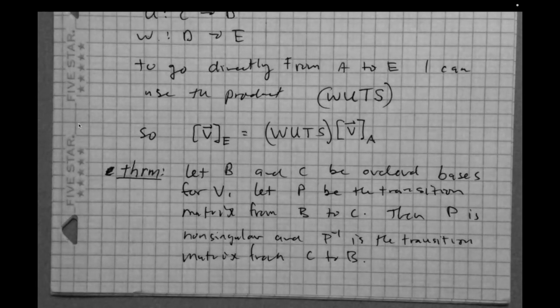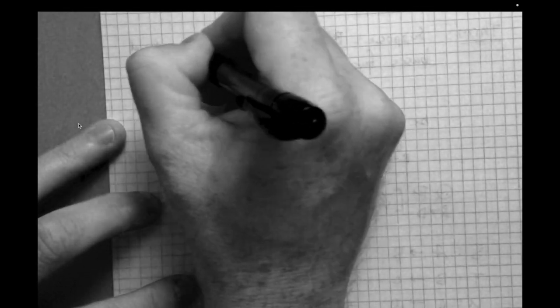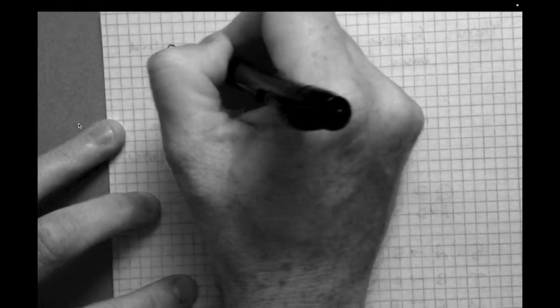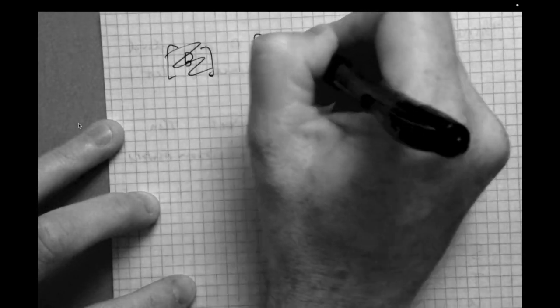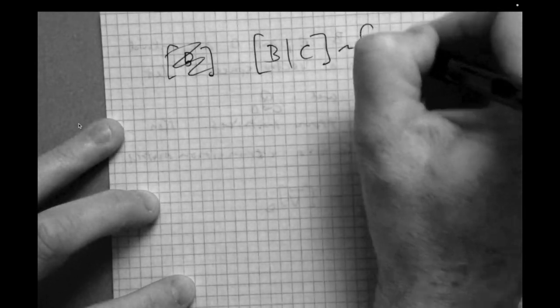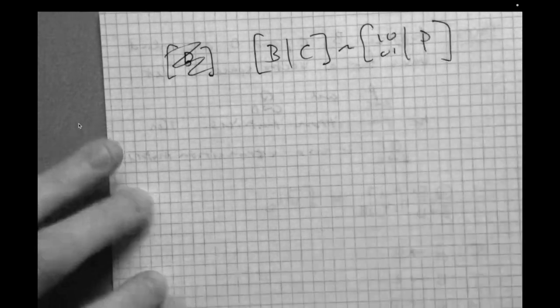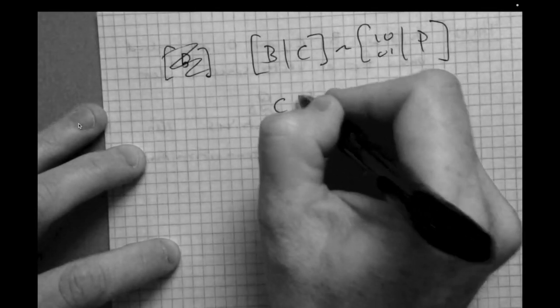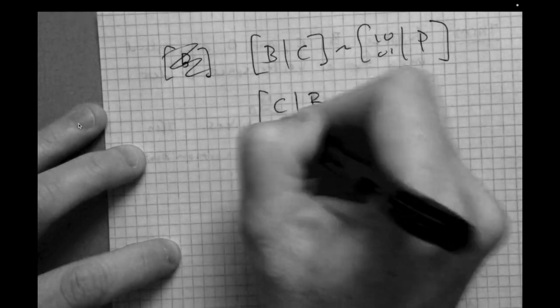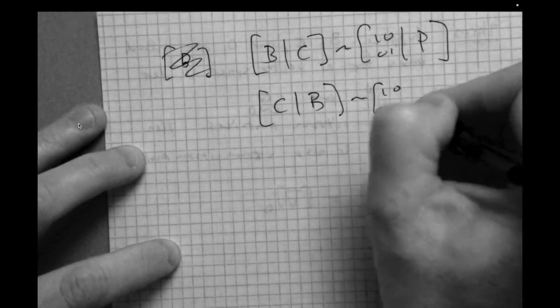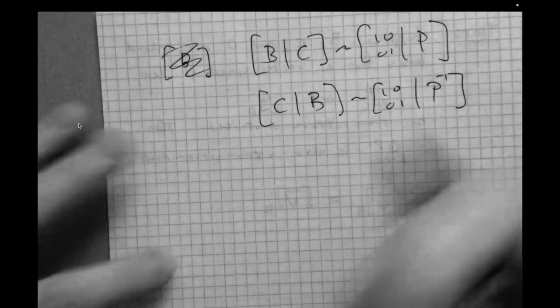And in hindsight, maybe this is obvious from the previous examples where we were finding transition matrices and the way it was used. When we said you could take the first basis and the second basis, row reduce it, and you get 1, 0, 0, 1, and then you get a P. Well, obviously, if you flip this around and do the same operation, you better get P inverse.